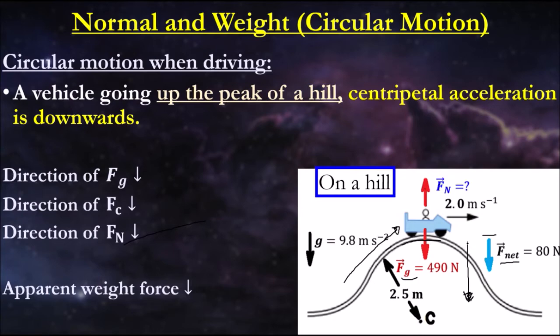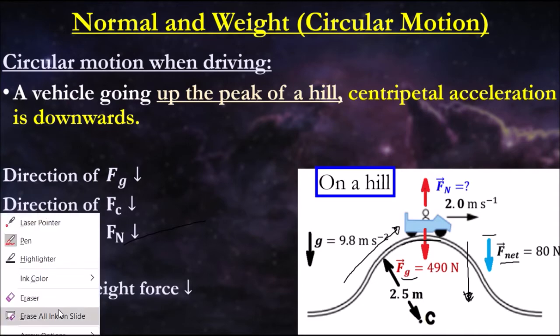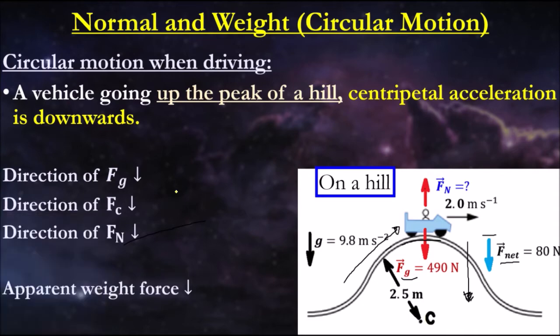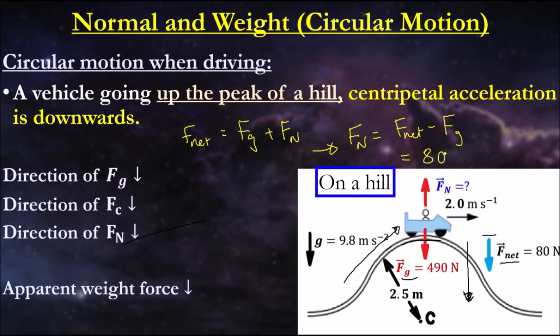We can actually have a look using the numbers we have here. So my net force equals my gravitational force plus my normal force. If I rearrange the equation, my normal force is equal to the net force subtracted by gravity. So my net force is 80 subtracted by 490.